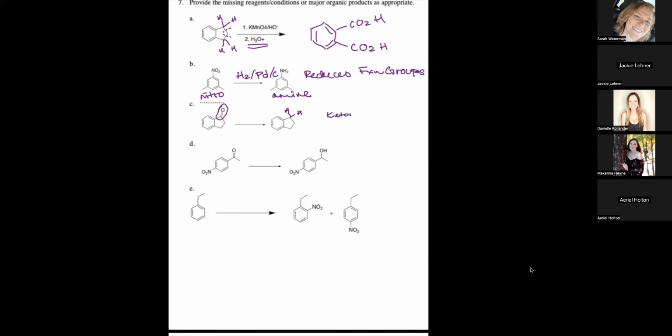So a ketone is turning into our hydrocarbon, right? CH2. That's what this is. So what does this? Clemmensen reduction reaction? Anybody?